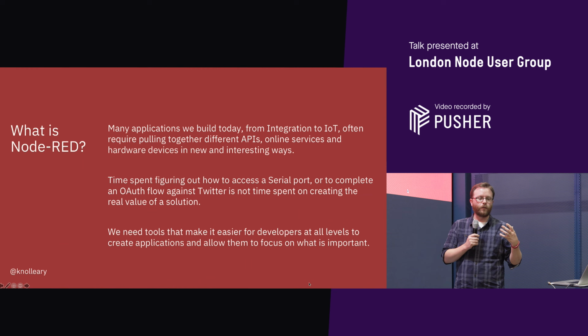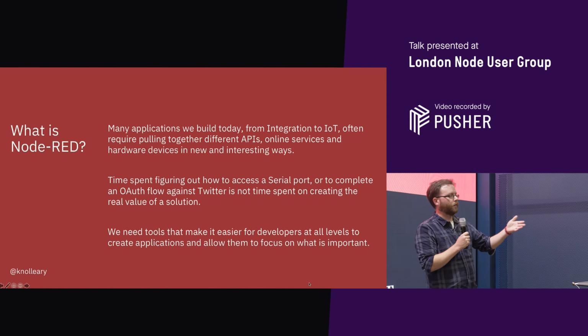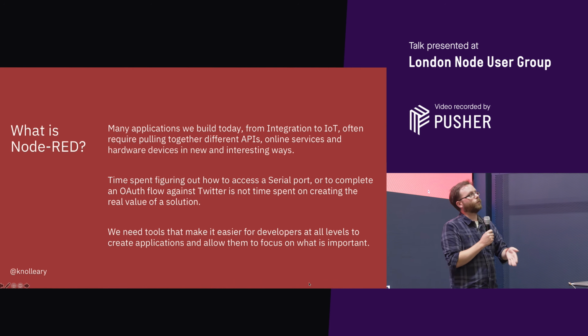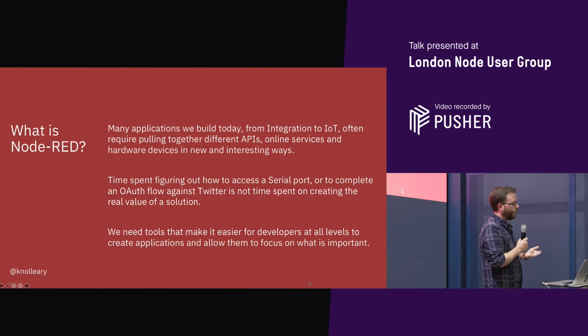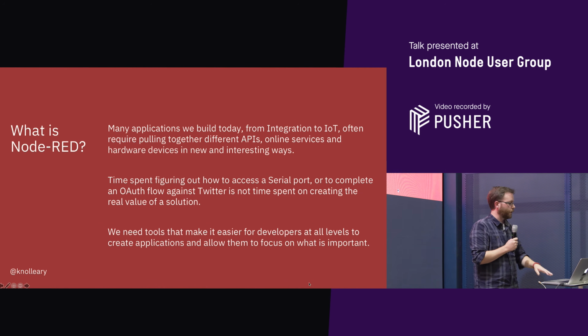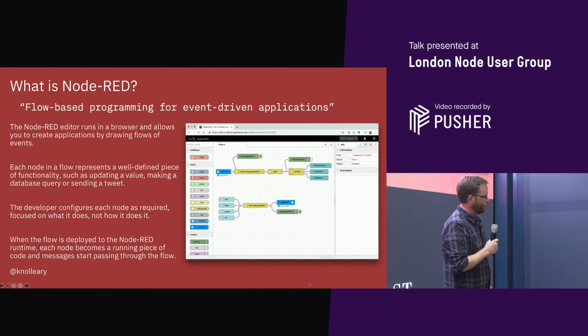It came from this idea that we're all seasoned professionals, we can write the code, I can write the code to access a serial port, but the time I spend writing that boilerplate code is time I'm not spent actually solving the problem I'm trying to solve. So it's really trying to get away from having to write code at all. But then with the flexibility that you can write the code when you need to. So it's flow-based programming for event-driven applications.